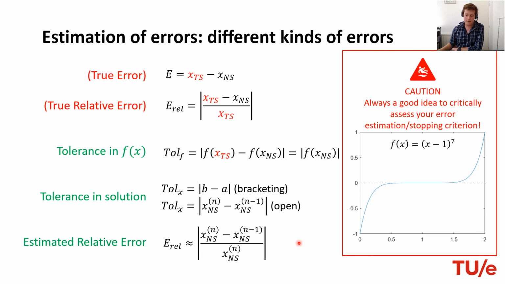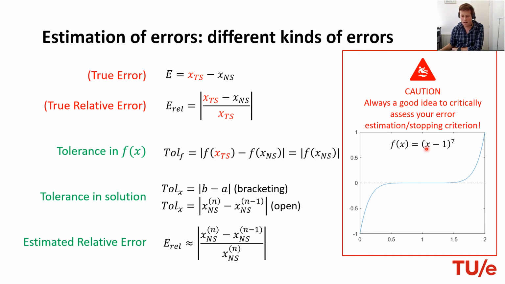This can be shown over here. Let's say that we have a nonlinear function, x minus 1 to the power 7. And we are here at roughly x is equal to 1.25, in between 1 and 1.5.